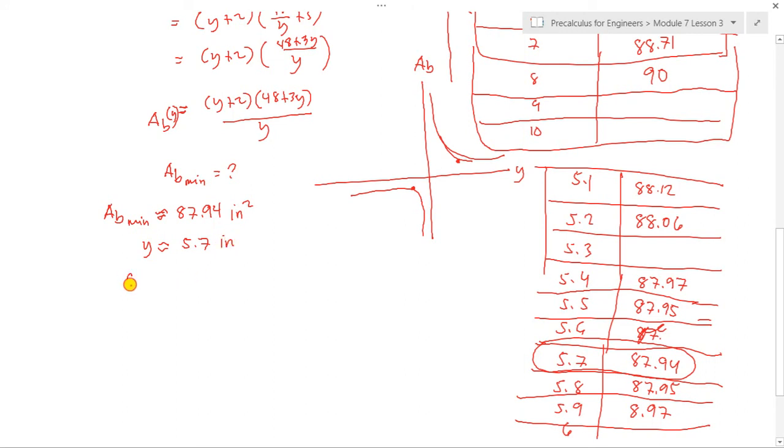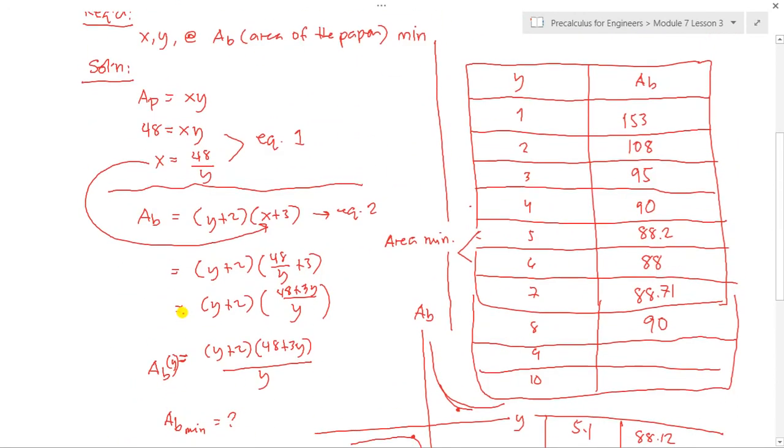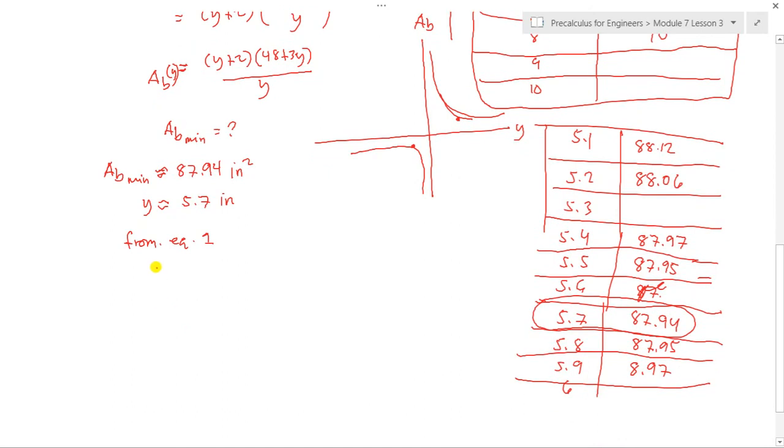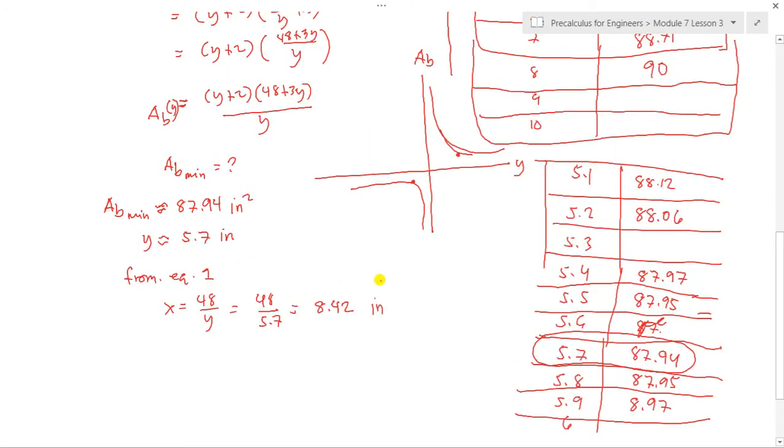Now from equation 1 we have a relationship that is x equals to 48 all over y, that is 48 divided by 5.7. So that is equal to 8.42 inches.